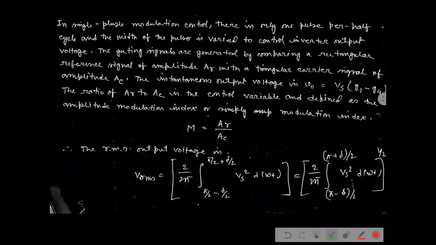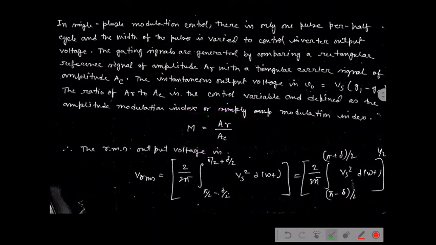The instantaneous output voltage, defined by VO, is equal to Vs into G1 minus G4. The ratio of the amplitudes, AR to AC, is called the modulation index, as I told you before, defined by M equal to AR by AC.